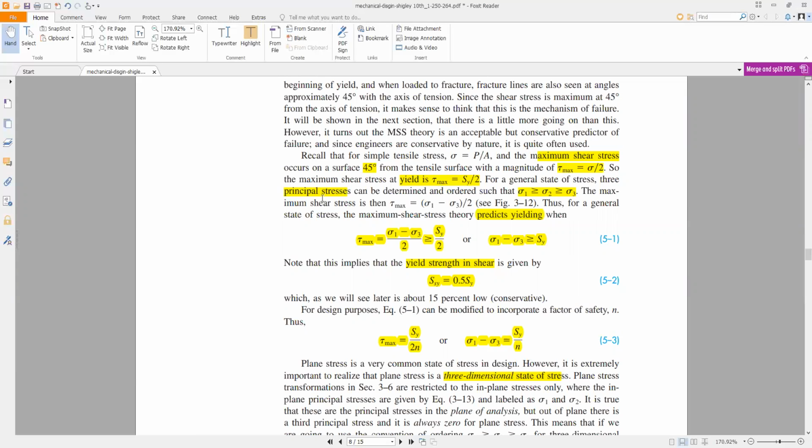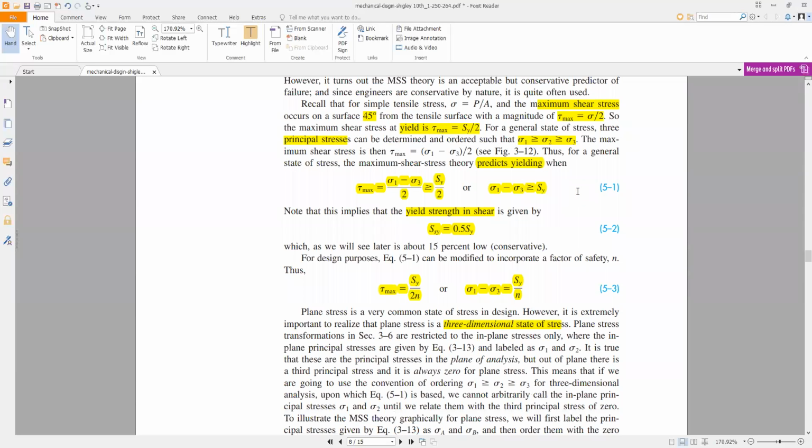Here are the three principal stresses: stress 1 more than stress 2, stress 2 more than stress 3. We generally want to predict the yield when this happens. The maximum shear is the first one minus the third one, over 2. Still remember the theory for principal stress? You learned this before. So stress 1 minus stress 3 is more than Sy. This is the first one.